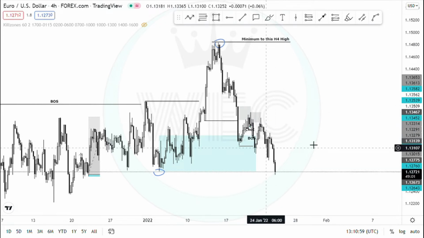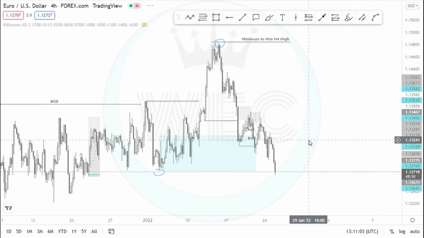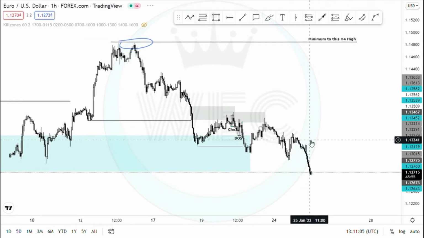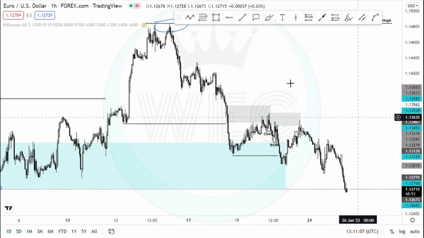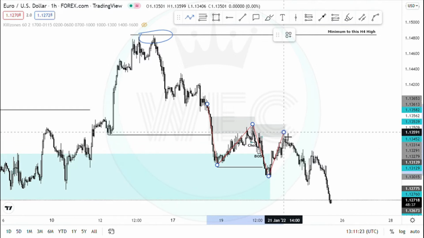I'm just going to step into the H1 time frame and see what price is doing. On the H1 time frame, price was also bullish before, but then price got breached over here, and so H1 resumed a bearish move. So I was bearish on the H1 and I was bullish on the H4.